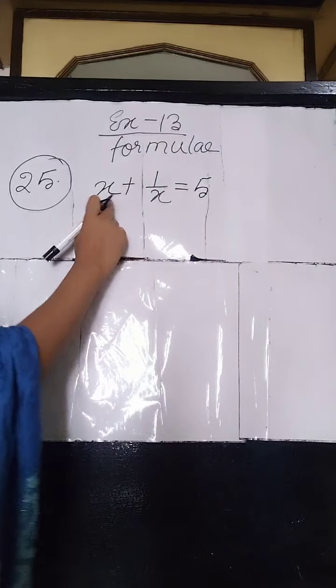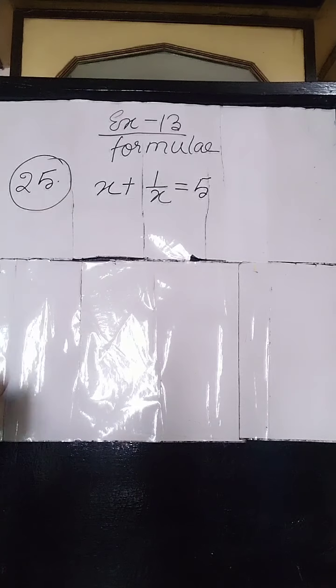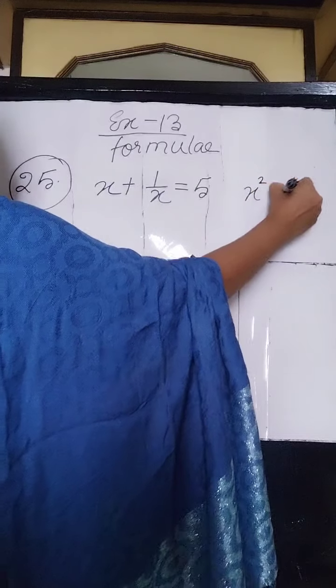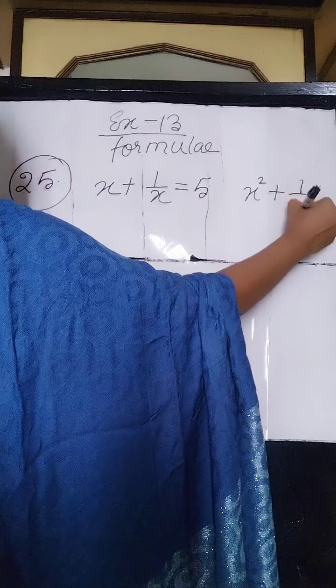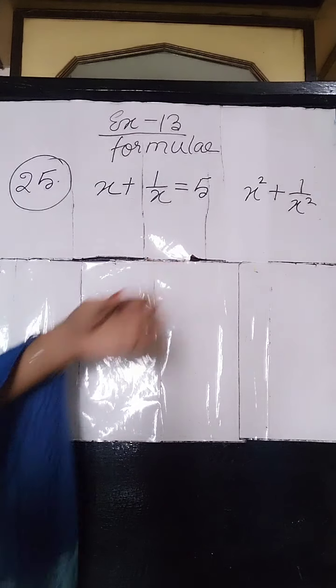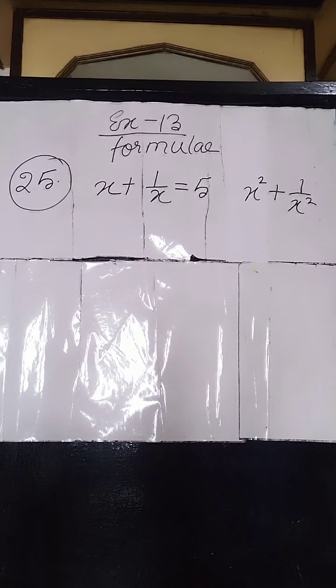So the value of x plus 1 by x is given as 5 and you are asked to find out the value of x square plus 1 by x square. This you are asked to find out.